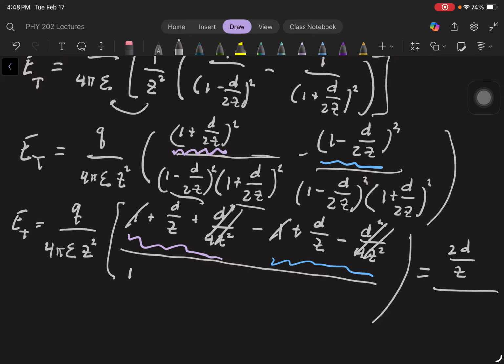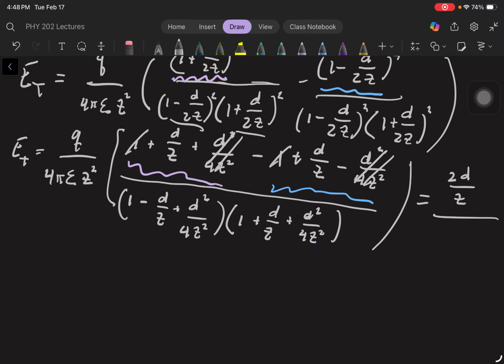So we have 1 minus d over z plus d squared over 4z squared times 1 plus d over z plus d squared over 4z squared. Okay, and so let's see what this turns into.